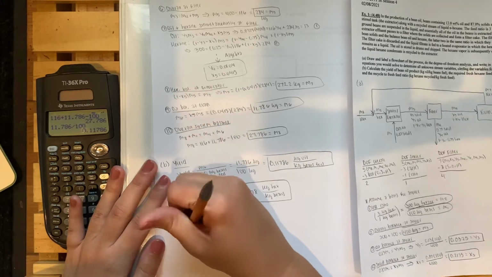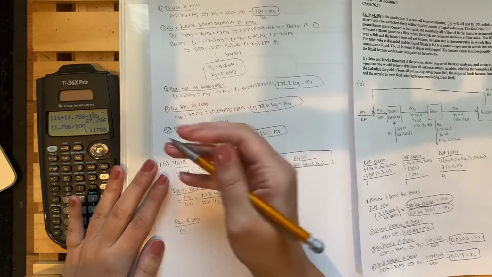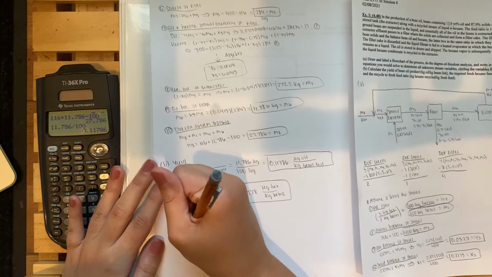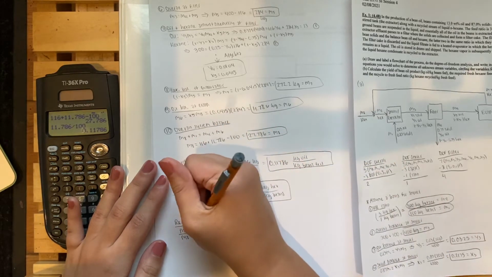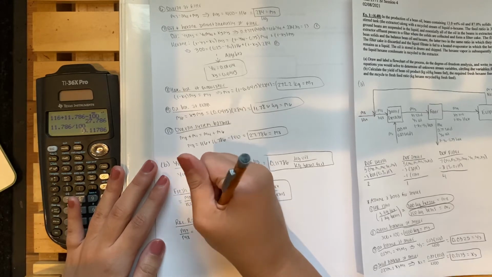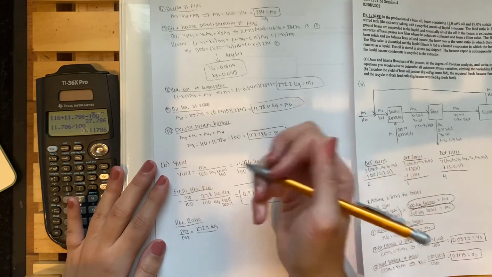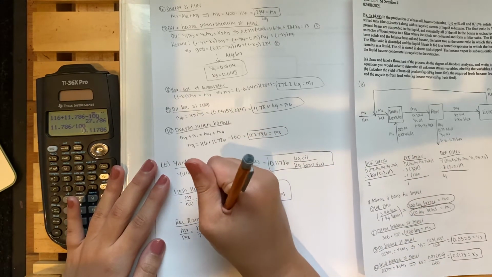I don't know why I wrote that down. M7 over M8. And so M7 is 272.2 kilograms. And M8 we know is 27.786 kilograms.